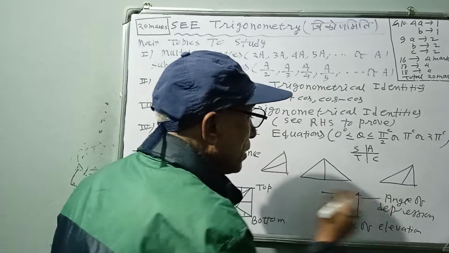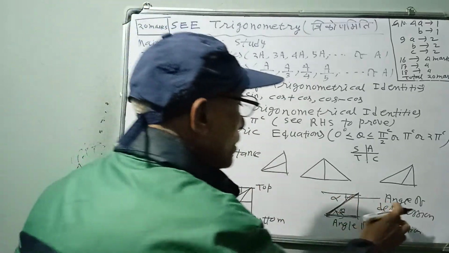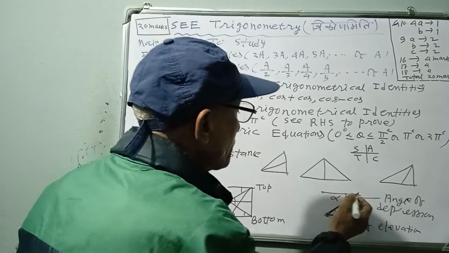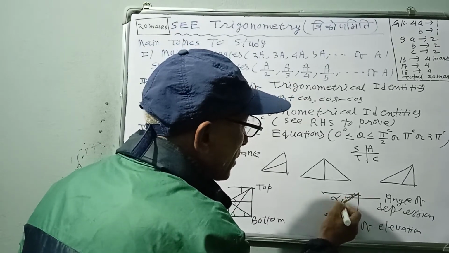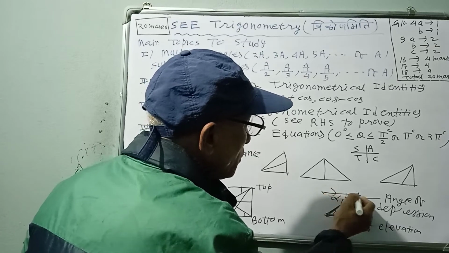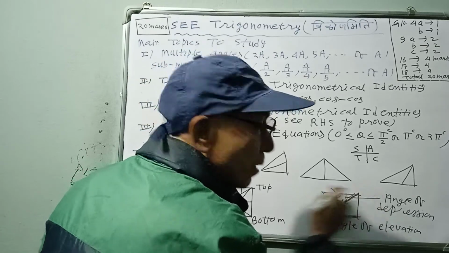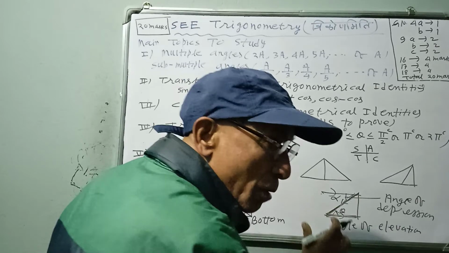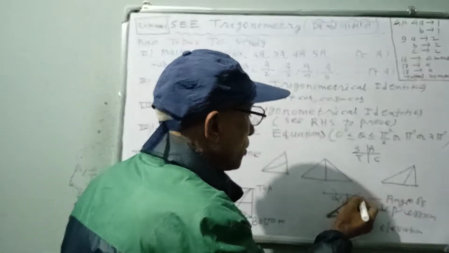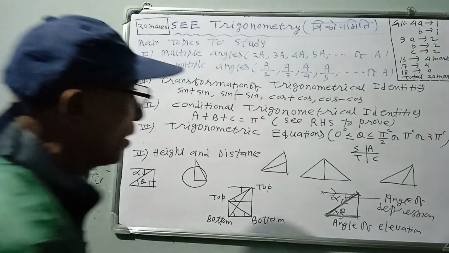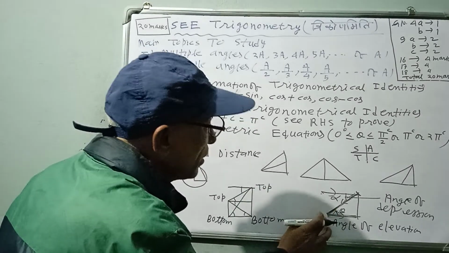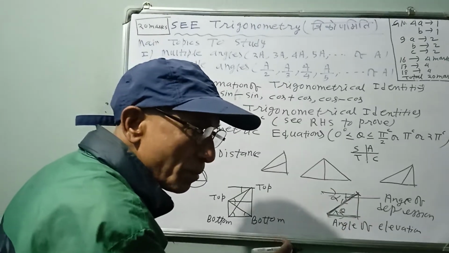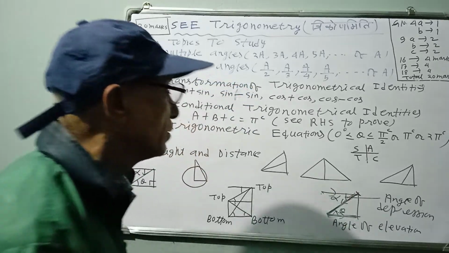Angle of depression, just by the word depression, depress, is also the angle made by the line of sight with the line which is parallel to the ground when the person is looking at a point or at any place or at any object just below him or below her.